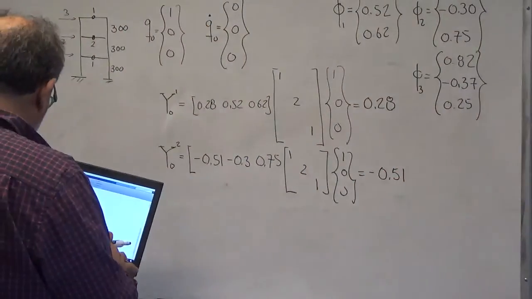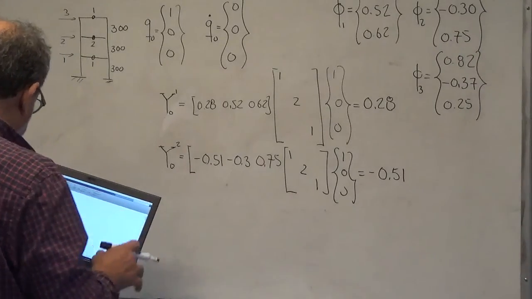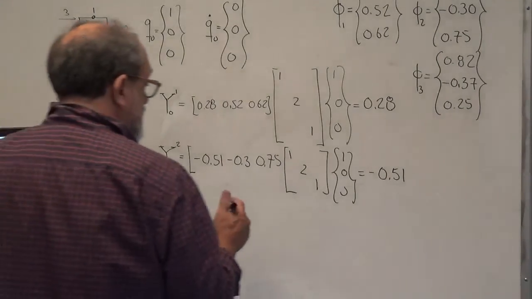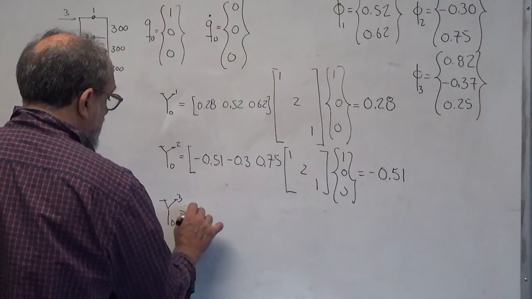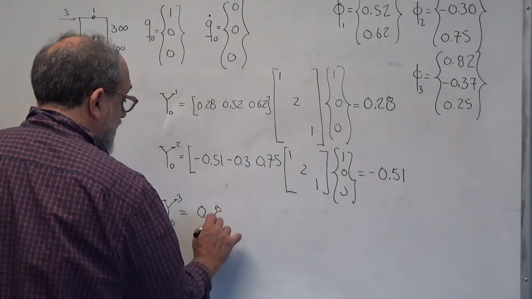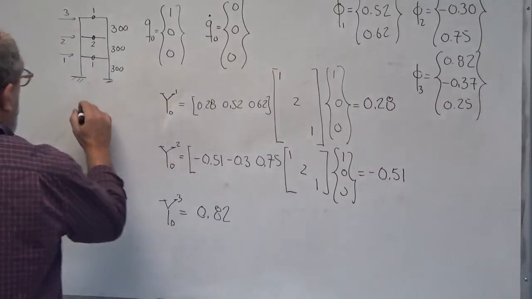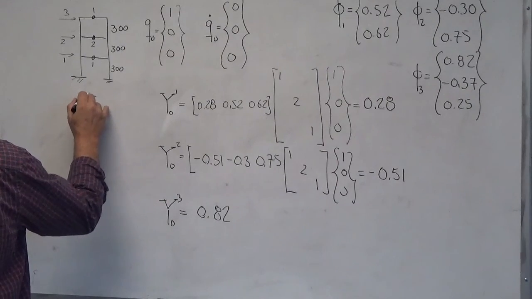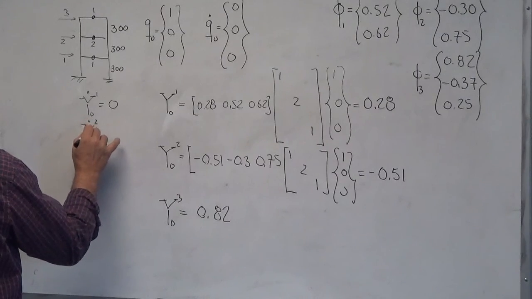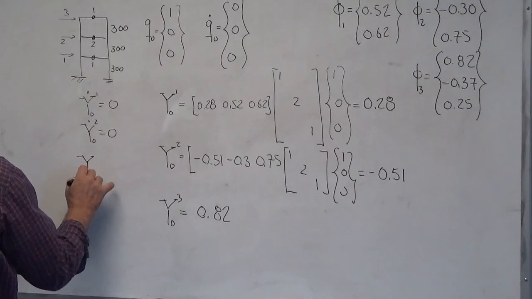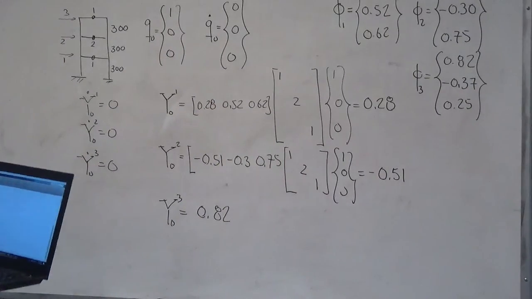And if we do the same for the third, and I won't write it, we get 0.815, which is 0.82, I guess. So I can say y0 on the third is equal to 0.82. Now, for the velocities, because my velocities are 0, of course, y0 dot in the first mode is 0, in the second mode is 0, in the third mode is 0. Otherwise, I'd have to do the same multiplications.